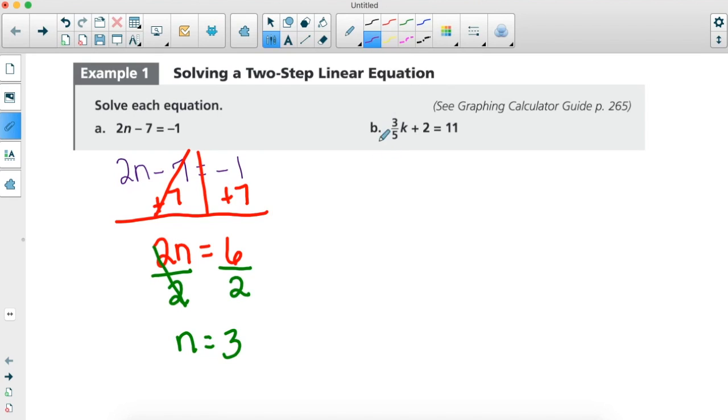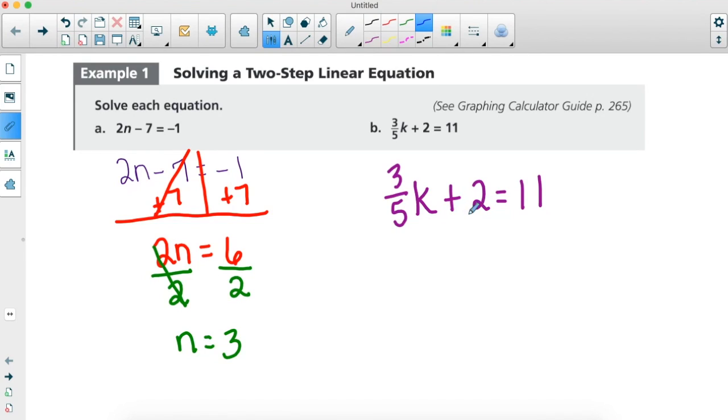So I'm going to rewrite this equation. 3/5 k plus 2 equals 11. And so I'm going to go ahead and solve this. We're going to subtract the 2 because I want to get the variable alone. So I'm going to get rid of this 2.